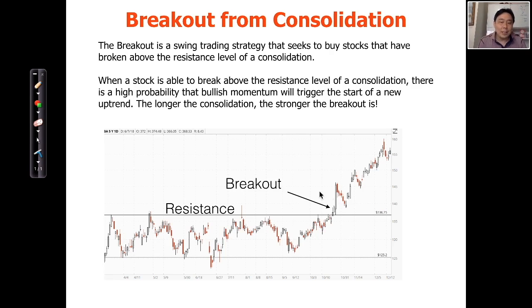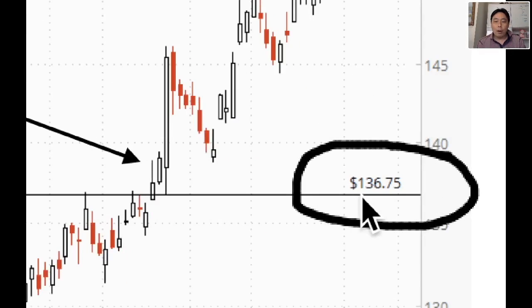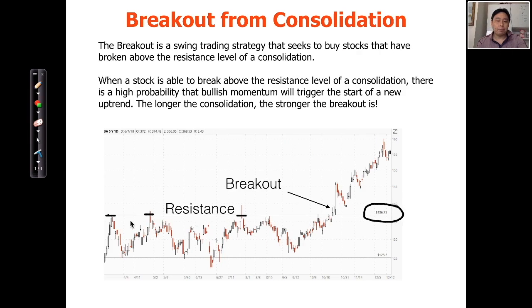So over here you can see this stock was in a consolidation, and this was again a resistance level at this level, right? So the price goes up and then comes down, goes up, comes down, goes up and comes down. So there's a very strong level of resistance at, for example, 136.75. So again, recall from previous lessons, what creates that resistance?